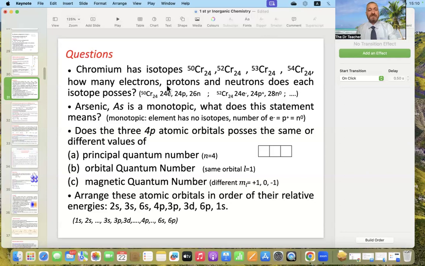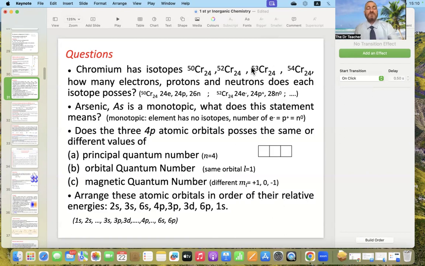So all of them have the same number of electrons, 24. Protons are also the same, equal to 24, for all of them.